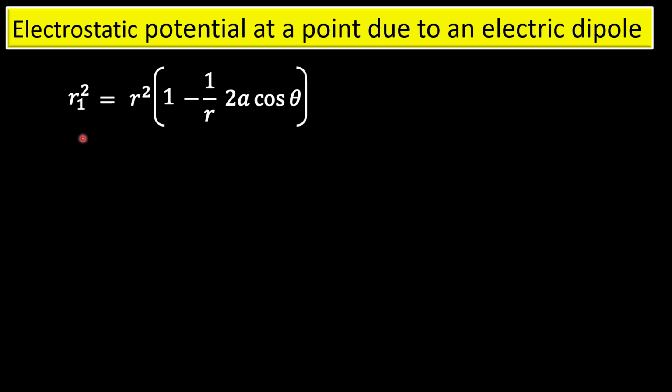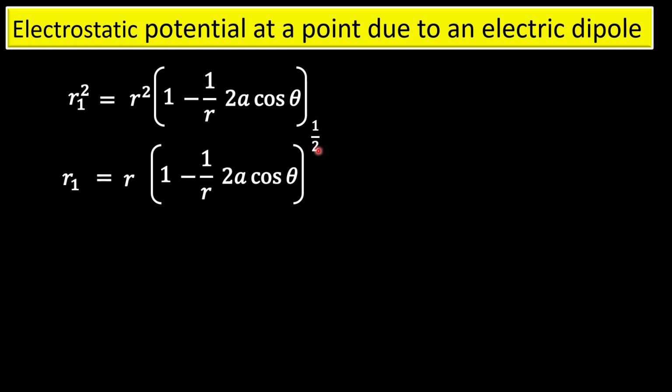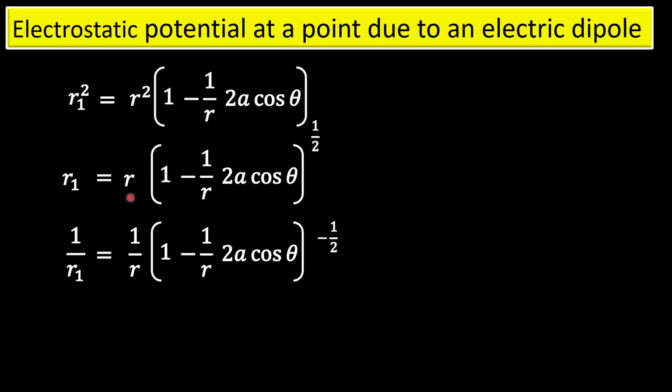So first we find r1. Taking the square root, for r square we get r, and for this we get 1 minus 1 by r into 2a cos theta, whole power 1 by 2. Next, we take the reciprocal of this value to get 1 by r1. So this becomes 1 by r, and the exponent becomes negative.